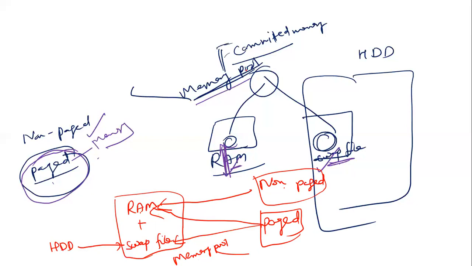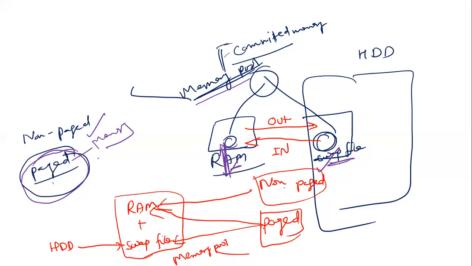One more thing: data from the RAM is moved to the swap file, or from the swap file to the RAM. When data moves from the swap file to the RAM, it is known as in, and when data moves from RAM to the swap file, it is known as out. So if it is paged, data is either in or out, either inside your RAM or out in the swap file.